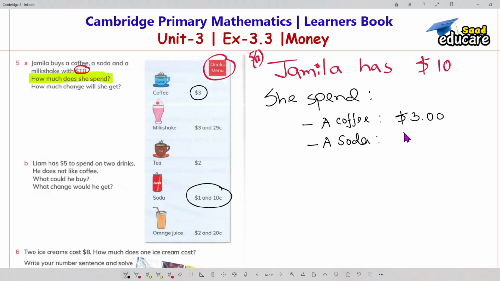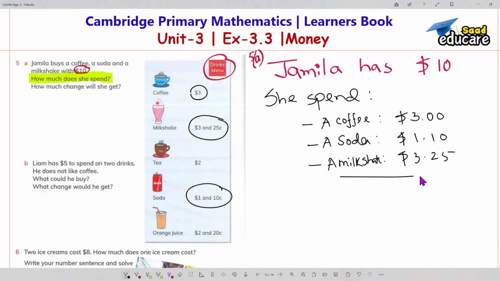A soda, we can write in decimal, $1.10. Then a milkshake, how much is this one? $3.25. So she spent 5, 3, 6, 7. She spent $7.35.